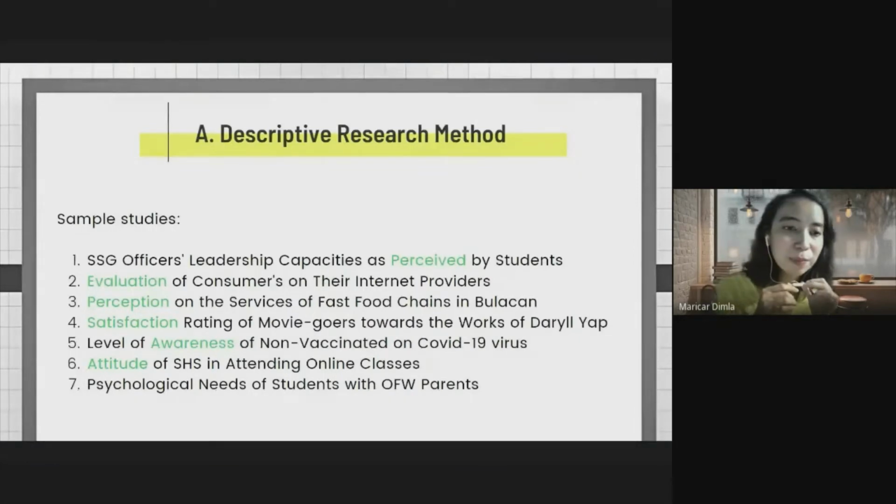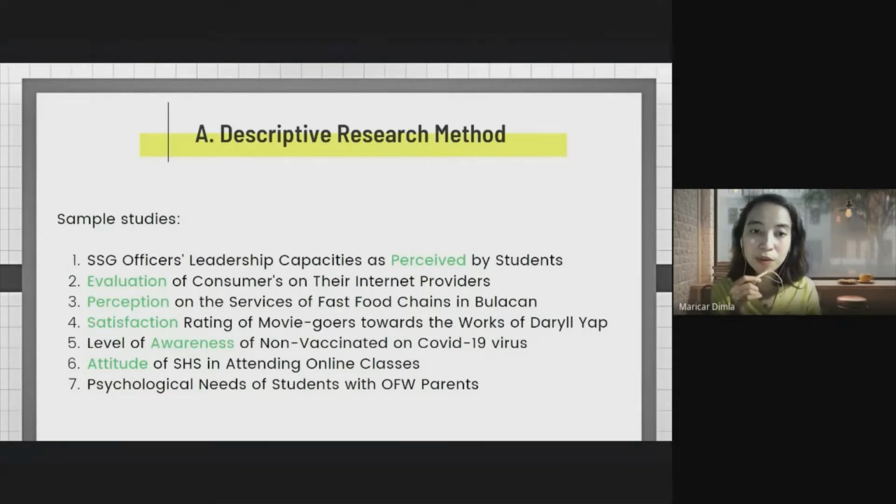So another example here, class, evaluation on consumers on their internet providers. So class, here we have the internet providers and the evaluation of consumers. So class, the consumers can serve as your variable depending on their profile. Baka kasi mas malayo sa kabihasnan, mas negative yung magiging evaluation nila on their internet providers.